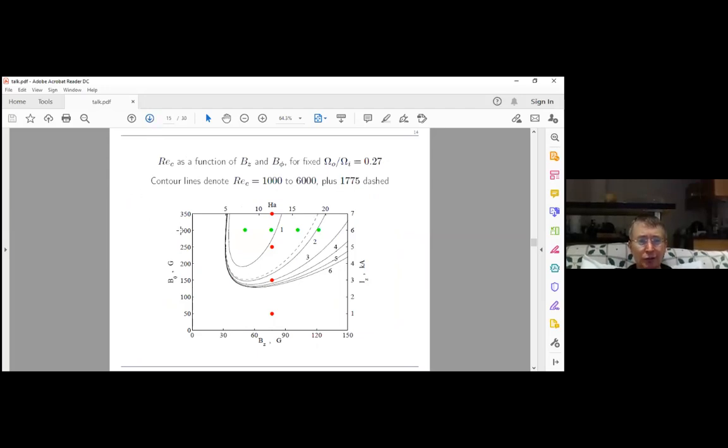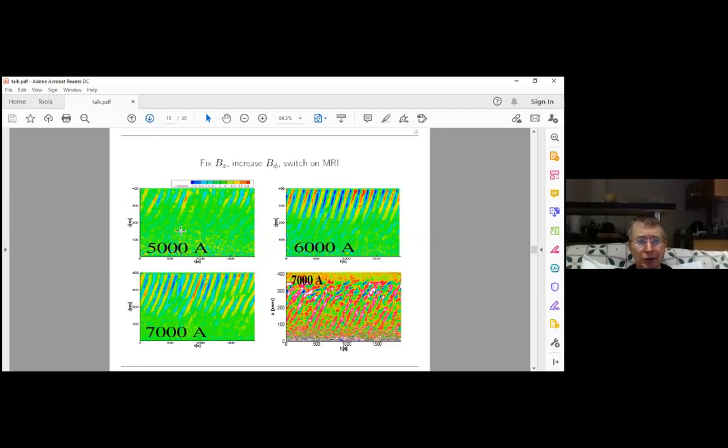Okay, so here is what you get with your ultrasound signal as you gradually switch on the MRI. Here at 5,000 amps, well, we get a little bit of something. Then at 6,000 and at 7,000, we have a definite signal. This is depth along the cylinders there and time there.